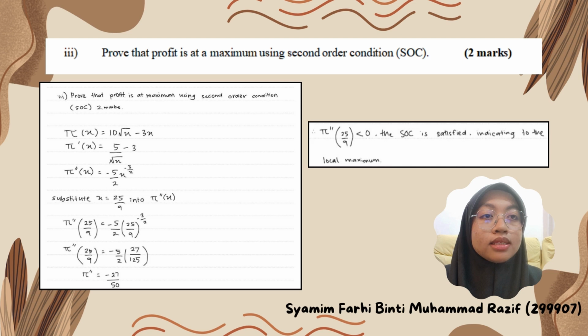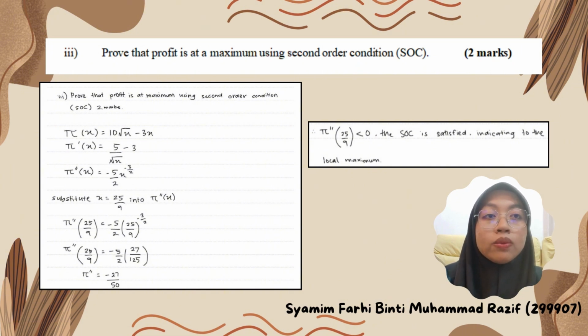For the next step, we need to substitute x equals 25 over 9, which we solved in question number 2, and put it in pi double prime of x.